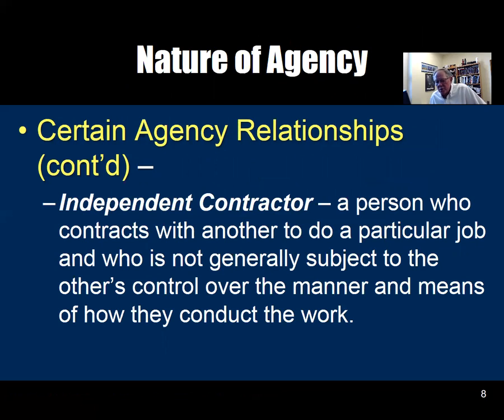That's a person who contracts with another to do a particular job and who is not generally subject to the other's control over the manner and the means of how they conduct their work. So in other words, they're hired because of their expertise. So we look at independent contractor indicia such as they have their own licensing, they have their own tools, they have their own certifications, they actually have their own business.